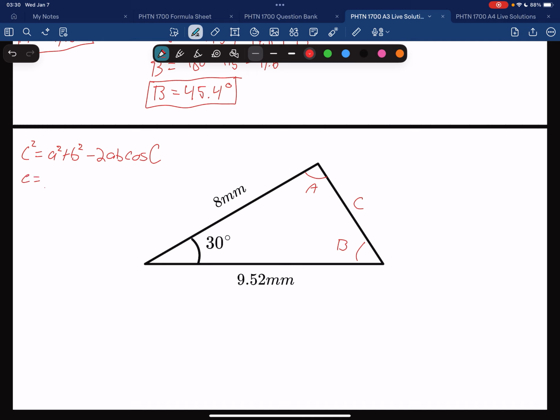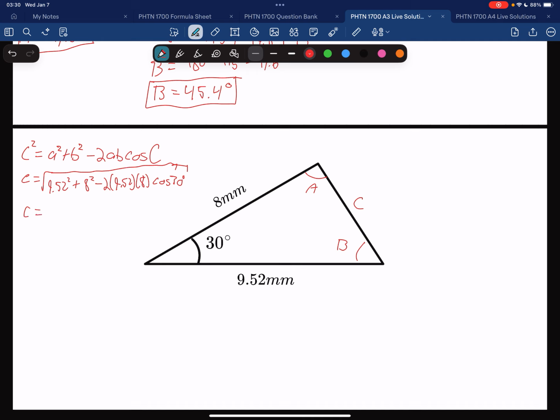Writing this out, I'm going to move my square root over. I'm going to square root everything, both sides. And let's plug in some numbers here. So my A side length is my 9.52, and that's squared. My B side length is 8, again squared, minus 2 times 9.52 times 8, and this is the cosine of 30 degrees.